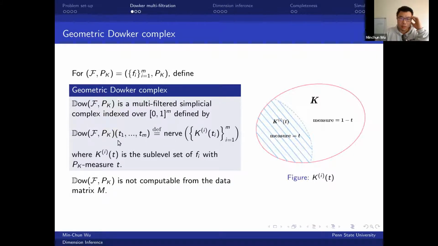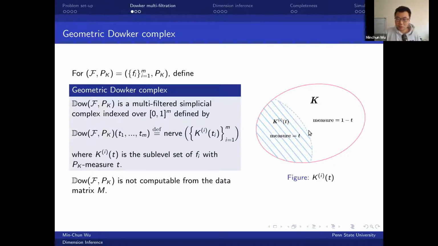The simplicial complex at the index (t_1, ..., t_n) is defined as the nerve of the following collection of sets. There are m sets in this collection, and there are m functions, so the index i refers to the ith function. K_i^{t_i} is the sublevel set of f_i with P_K measure t_i.